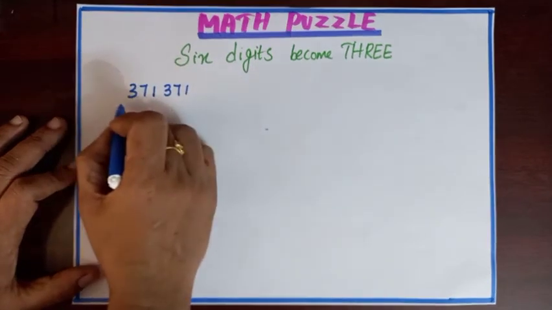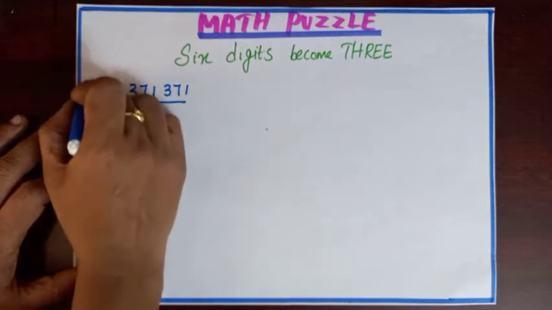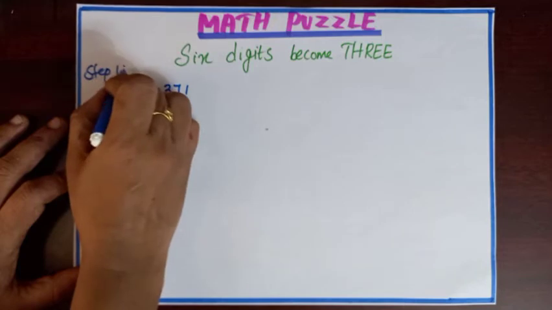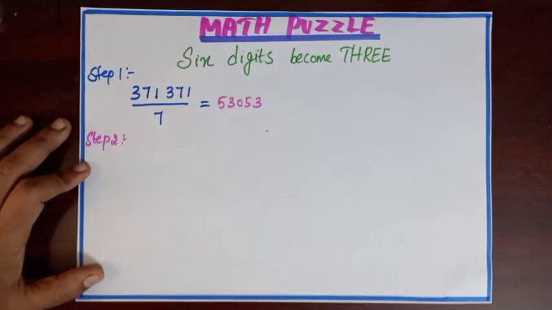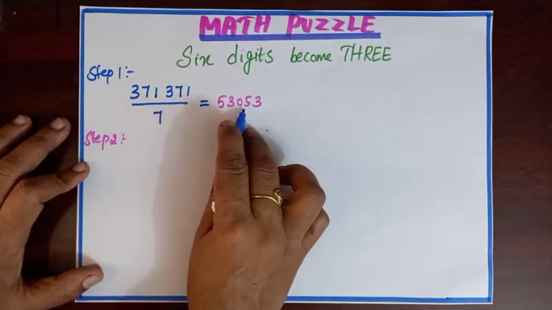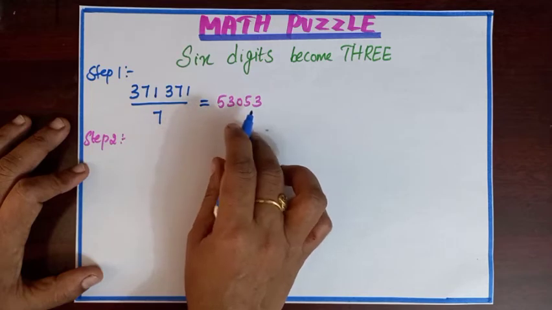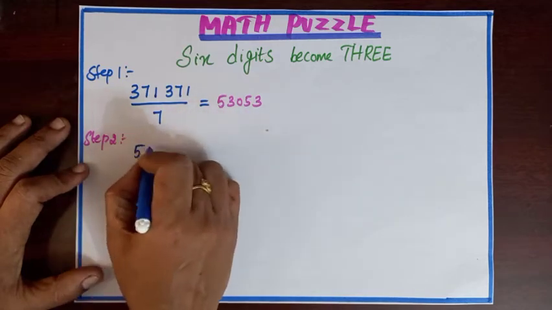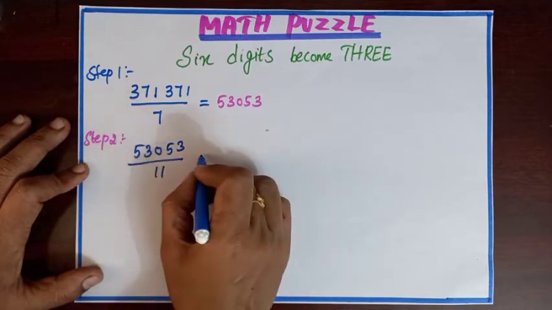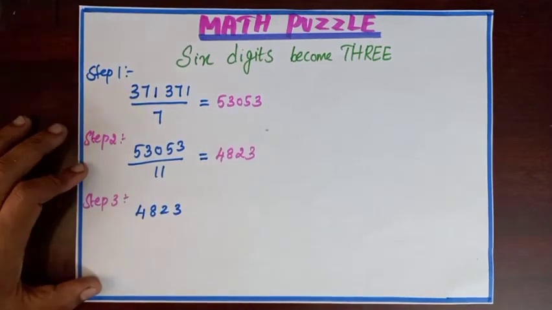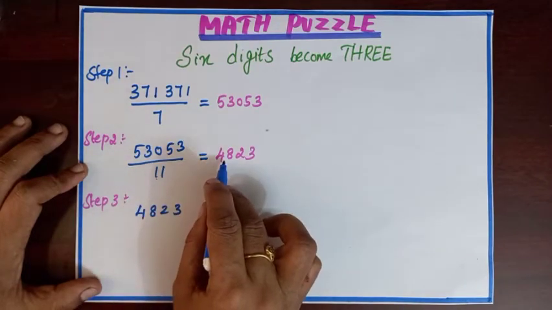Step 1: divide the number by 7. Then we get 53053. Step 2: now divide 53053 by 11. 53053 divided by 11 is equal to 4823.